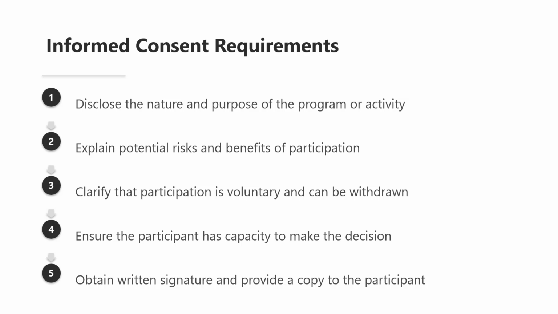First, you must disclose the nature and purpose of the program or activity. Participants need to understand what they are signing up for, what will happen during the program, and what the intended outcomes are. This information must be presented in clear, plain language that the participant can understand, not in technical jargon.